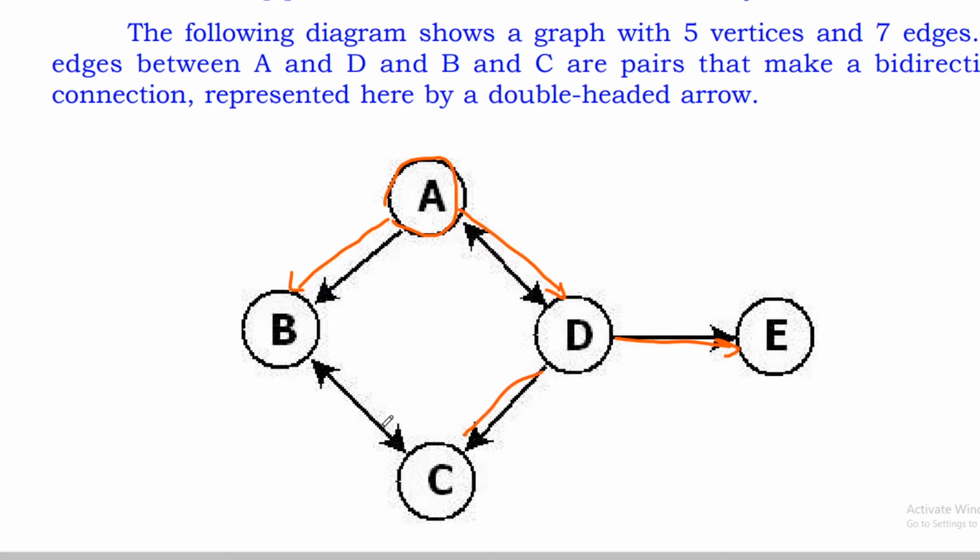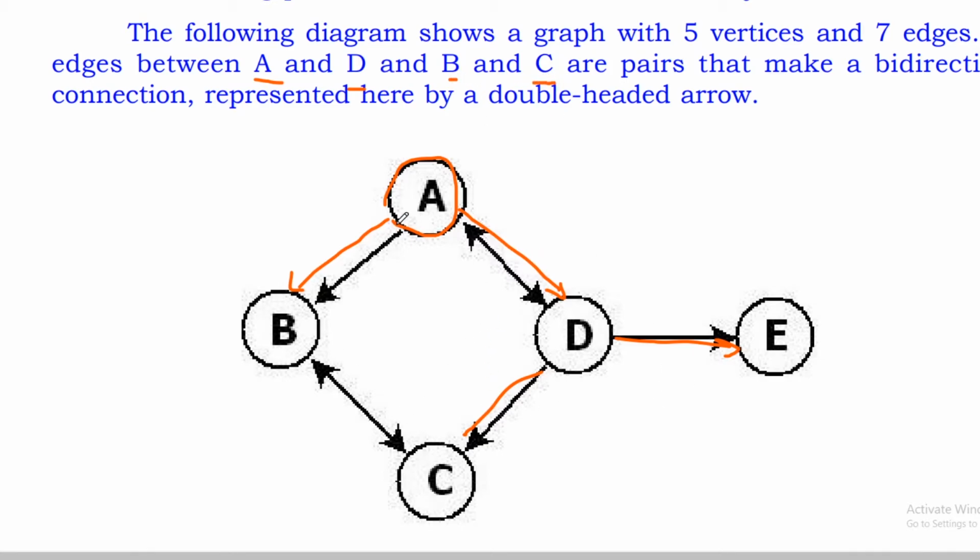And you can see here, B and D can move in both directions. B and C are bidirectional. So we have A, D, and we have B, and also C. They are bidirectional.